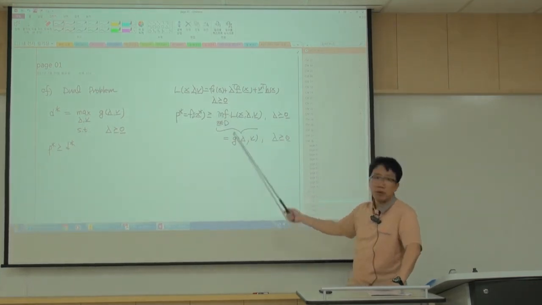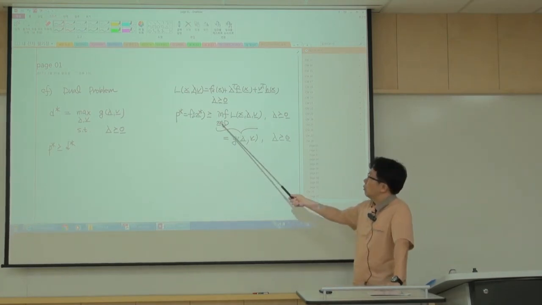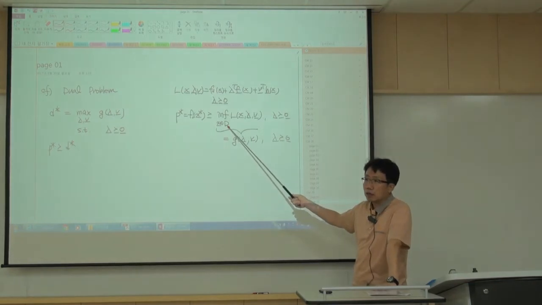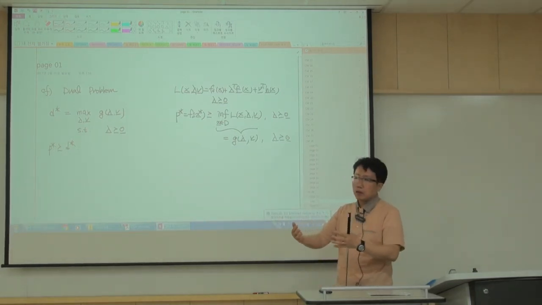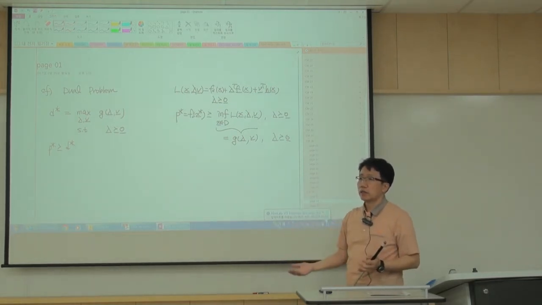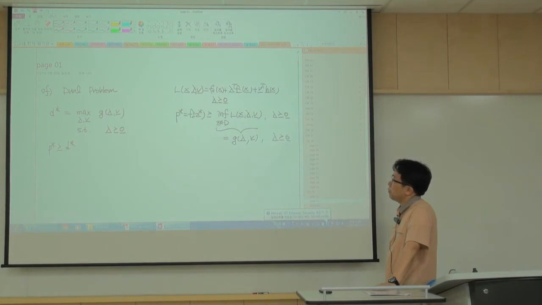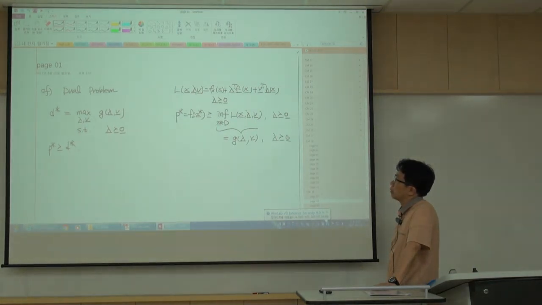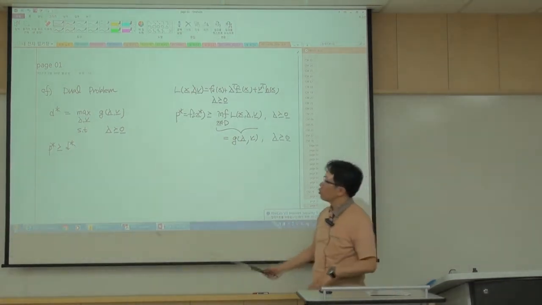If this D domain is very weird, then differentiation may not make sense. But in many cases, we find that this D or some other omega prime is, for example, an open set, some open interval, then you can differentiate anywhere, right? So in that case, it's very nice to have such a first order necessary condition type thing. Anyway, this is what we had, but we do not assume strong duality.